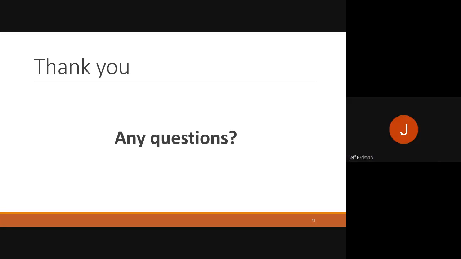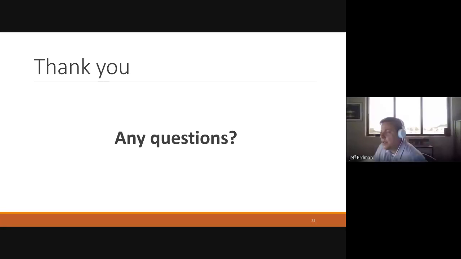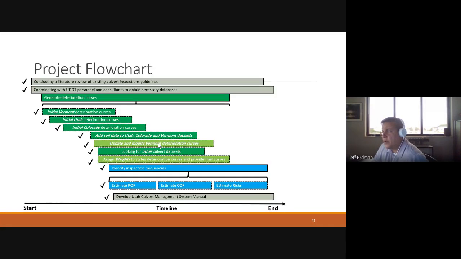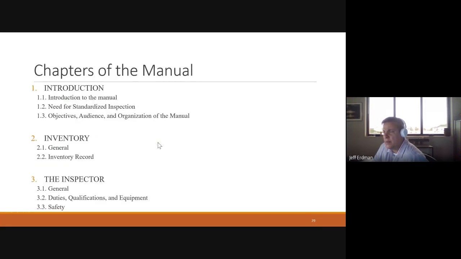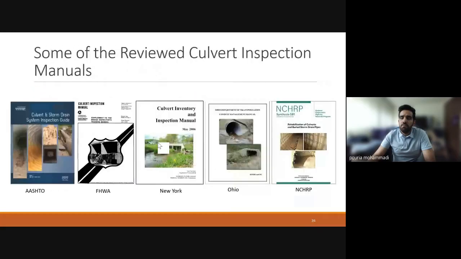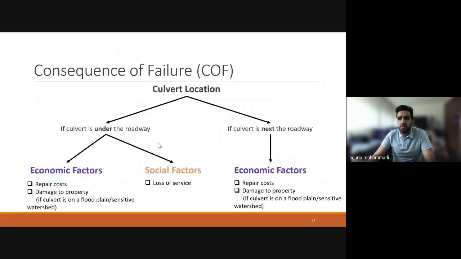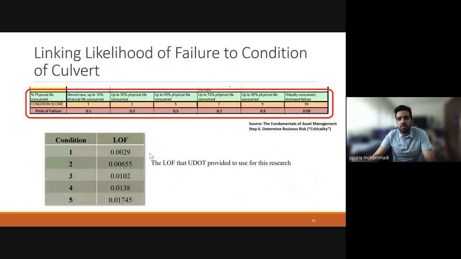Hi, thanks for giving us that update. It was very detailed. I had a question with the likelihood of failure calculations. Is that something that you go into detail in the manual? In the manual, we are not going over the calculation of likelihood of failure. It is done by UDOT.